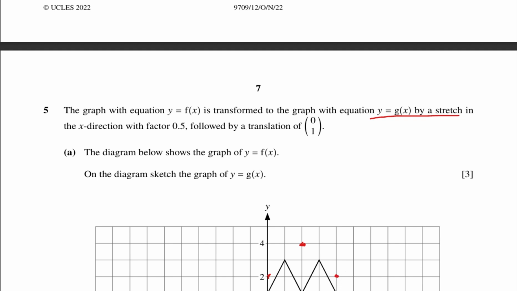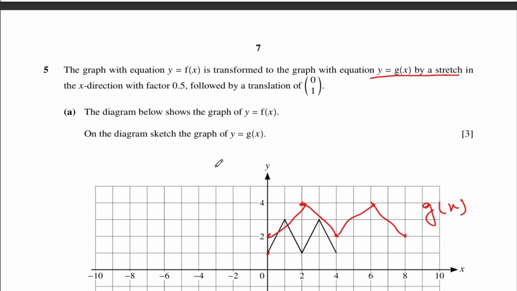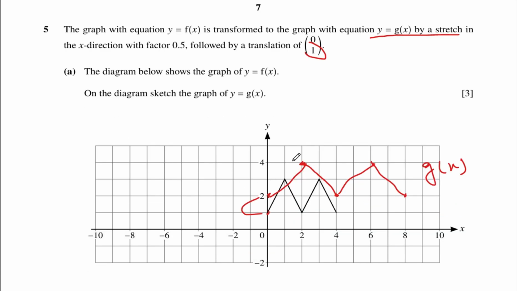It will come back again, it will move further 6 and then move 8. G of x will be this, as it was stretched by 0.5, and the vertical translation is 1, so it has moved from 1 to 2, and the stretch was 0.5 in the horizontal direction.